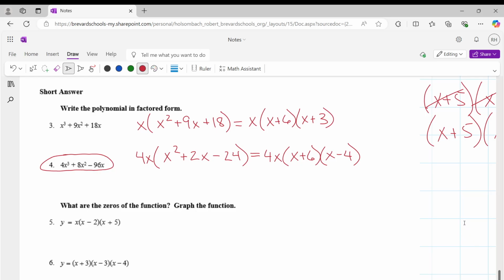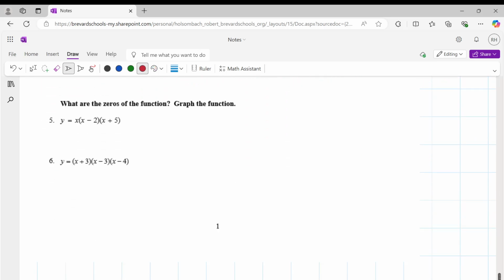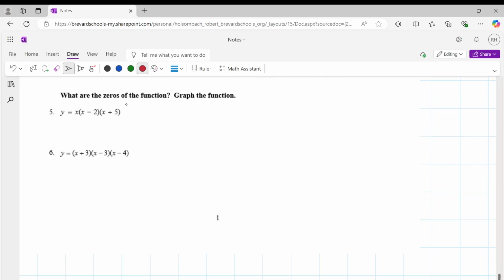And then problems 5 and 6. What are the zeros of the function? Well, we've got an x that's a factor, so we've got an x that's equal to 0. We've got an x minus 2 that's equal to 0, and the x plus 5 that's equal to 0.